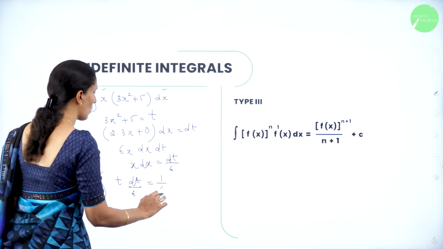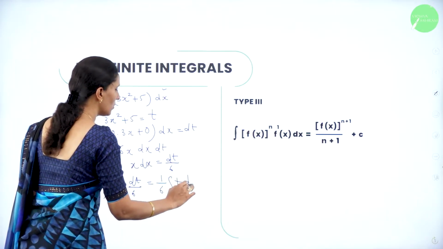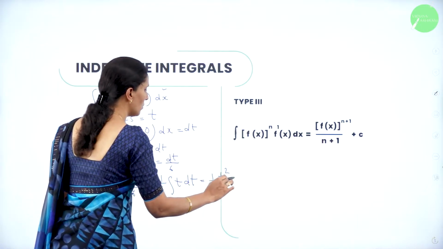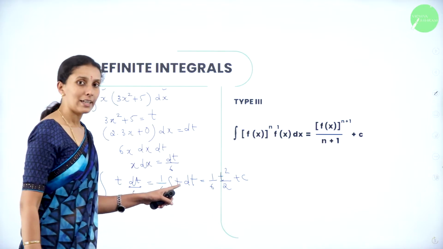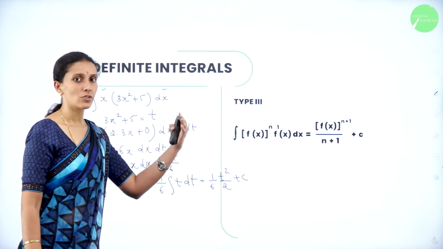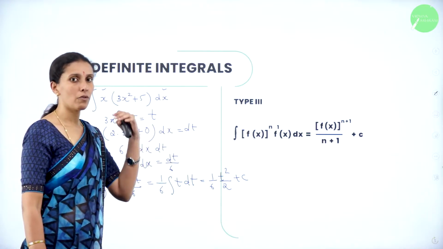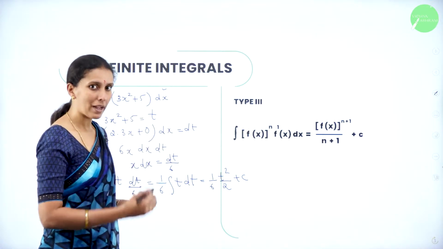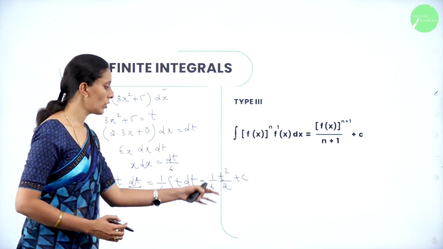Take 1 by 6 outside, it is t into dt, which is 1 by 6 times t square by 2 plus c. Because integration of x dx is x square by 2, that is x power 1 is x power 1 plus 1 by 2. Similarly, if you have t, it is t power 1 plus 1 by 1 plus 1, which becomes t square by 2.